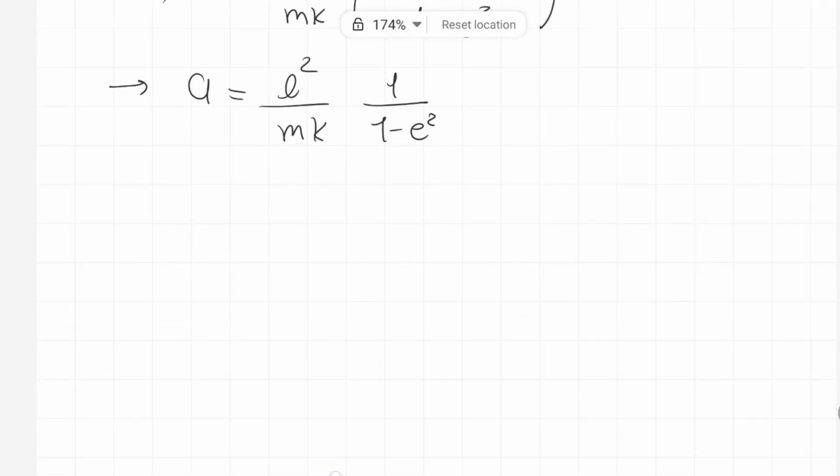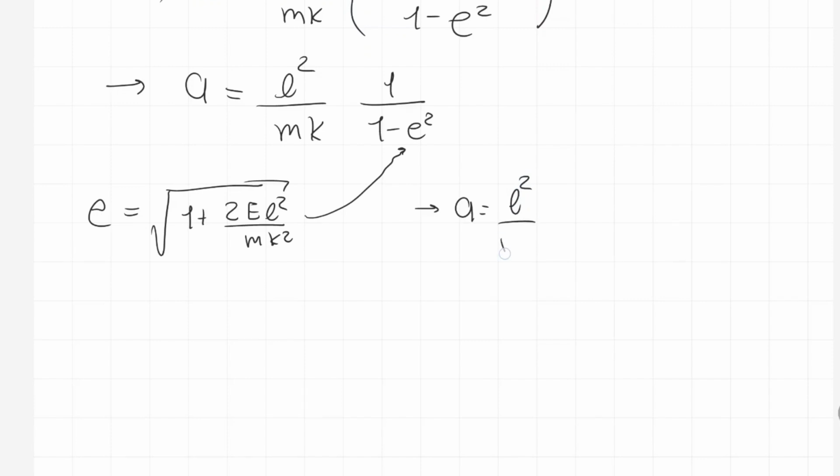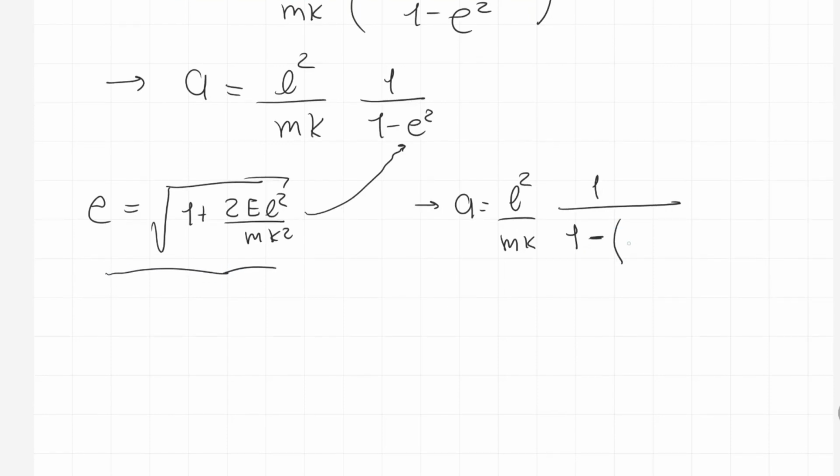But we found that the eccentricity is defined as the square root of 1 plus 2EL squared over mk squared. If we plug this here, we get that a is going to be L squared over mk times 1 over 1 minus this thing raised to the second power, which is 1 plus 2EL squared over mk squared.